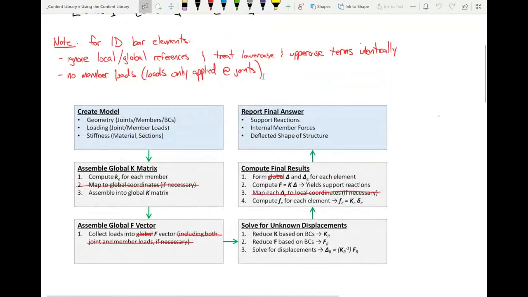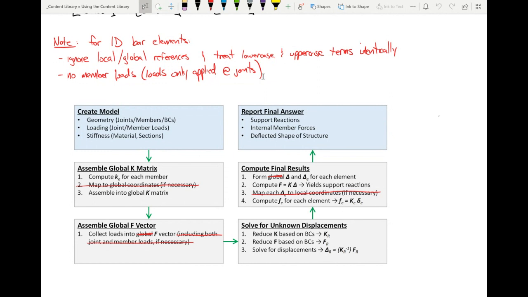What I mean by that is for bar systems, we're ignoring the local versus global aspect. And I want to be clear, you are going to ignore the local versus global aspect on your homework assignment as well. If there's any confusion there, the best way of thinking about it is to assume that all of the stiffness matrices and stiffness values that are given to you on the homework are already in global coordinates.